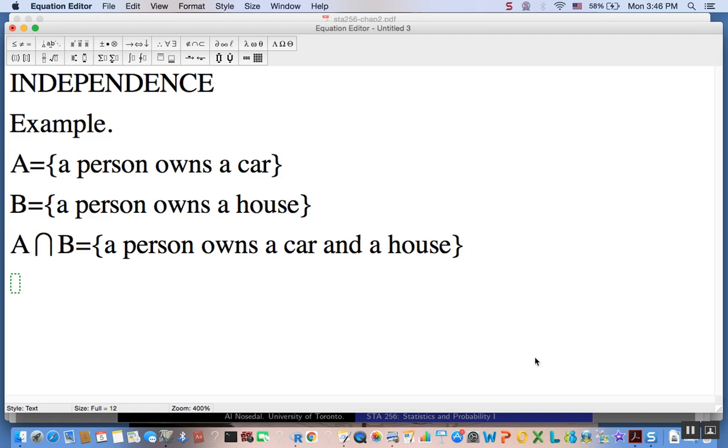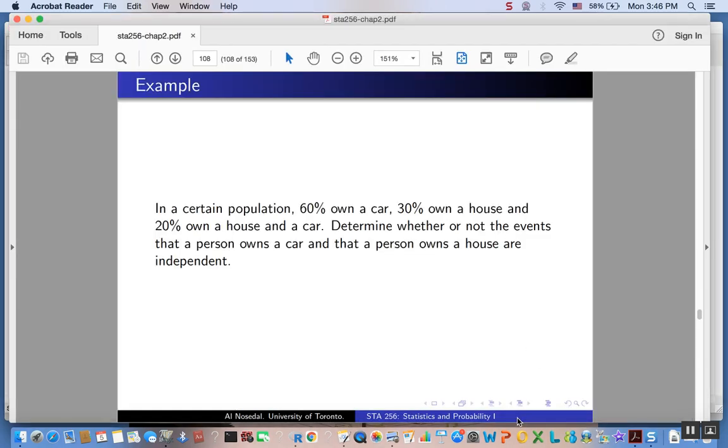Now let's go back to the information that we have. The probability of A is 60%, probability of B is 30%, and probability of A intersection B is 20%.